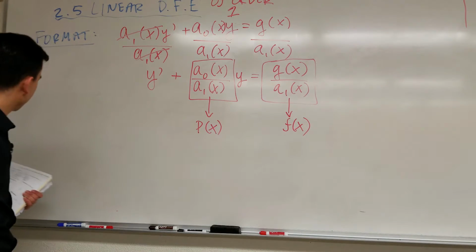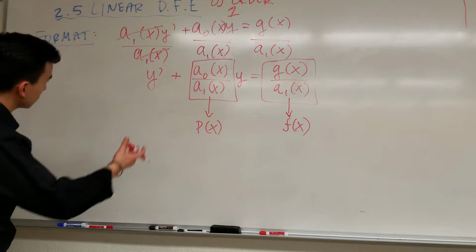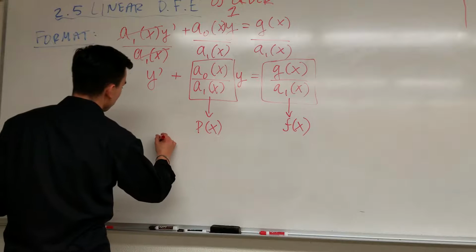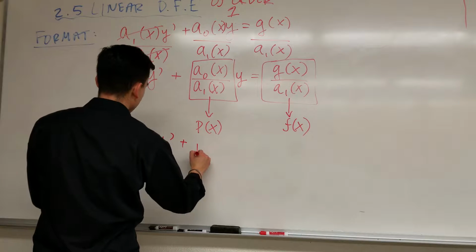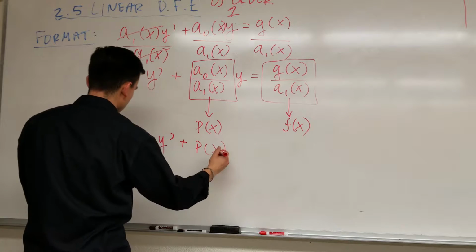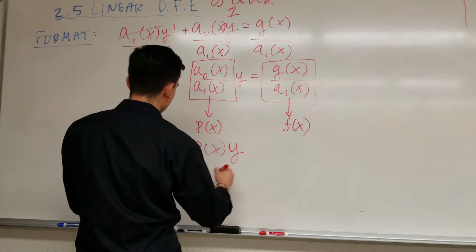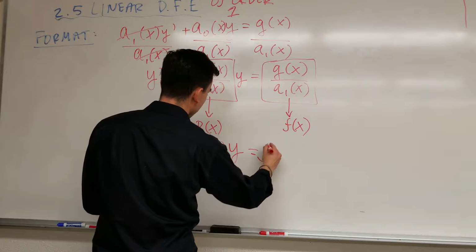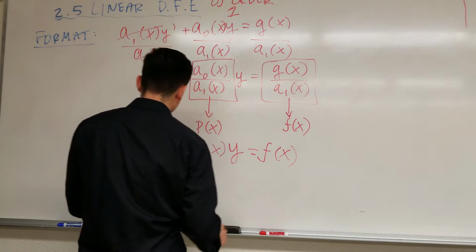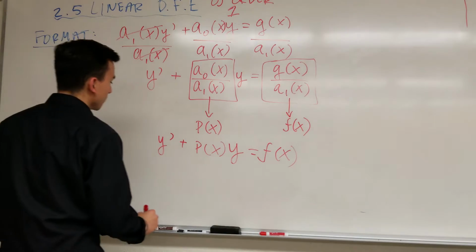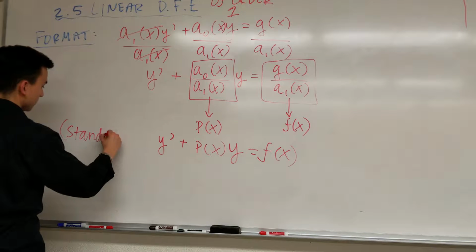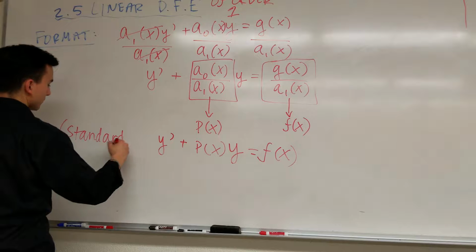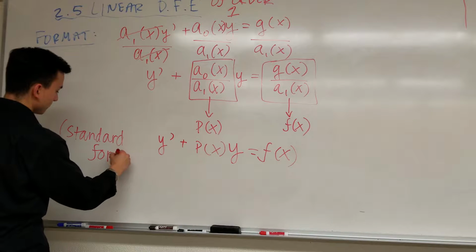To conclude with our standard form, we have y prime plus p of x times y equal to our function f of x. And this is going to be our magical standard form.